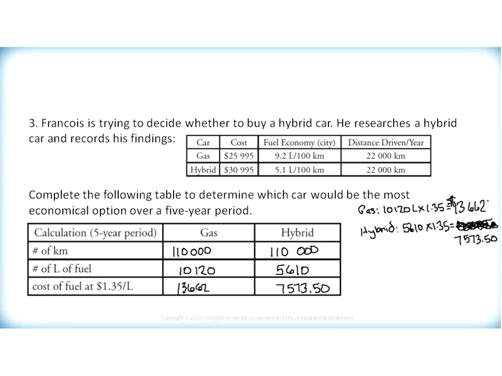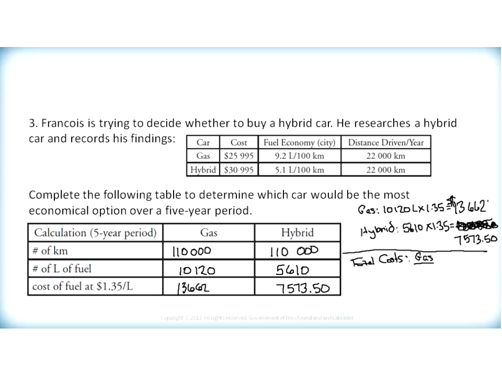Okay, the last thing we have to consider, at this point we're just assuming we're worried about the cost of the car plus the cost of the fuel. So let's find the total cost for the gas car first.